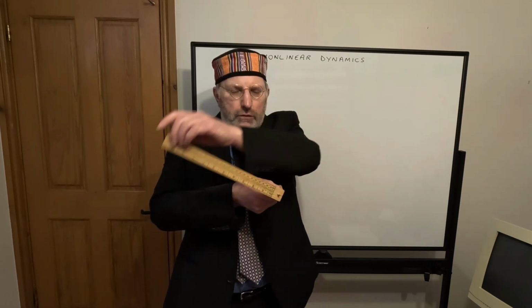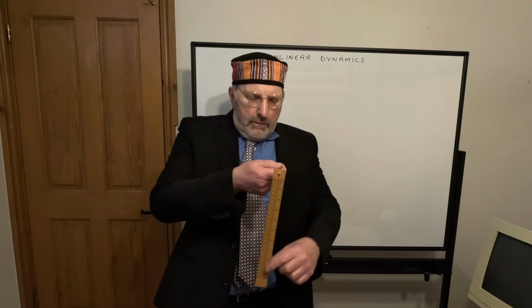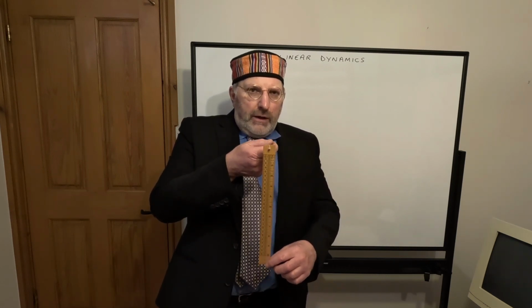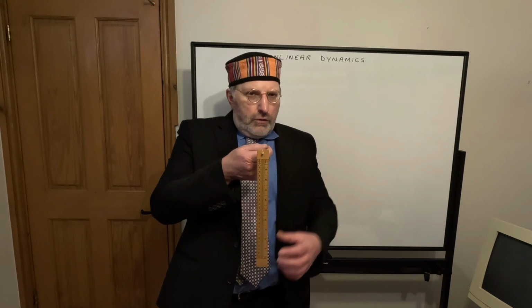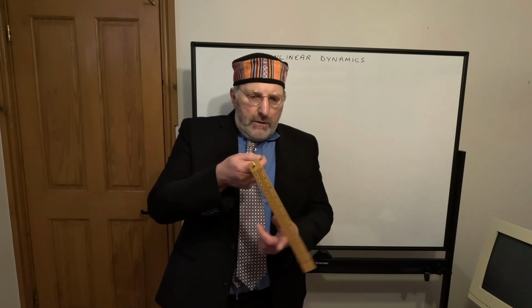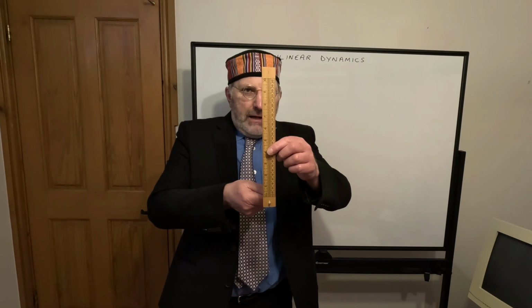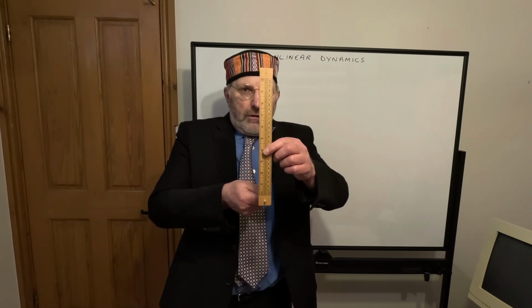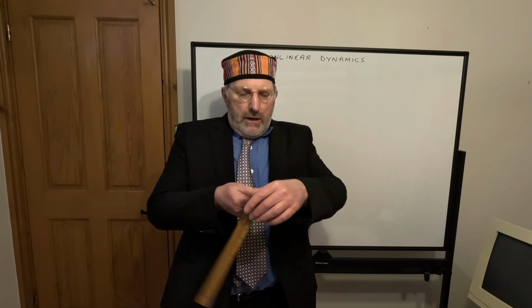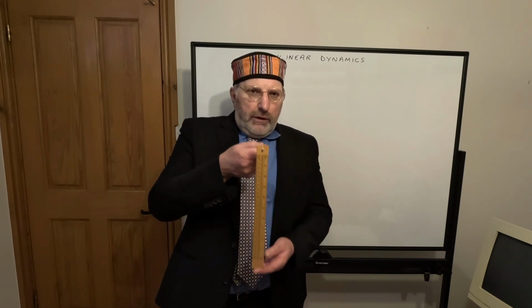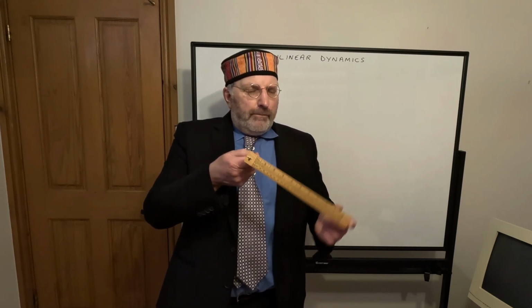And then as we continue round, we've got another fixed point when we're 360 degrees round, 2 pi radians. And then if we keep going, we've got the next repelling fixed point at 3 pi radians, and then another attracting fixed point at 4 pi radians, and so on.